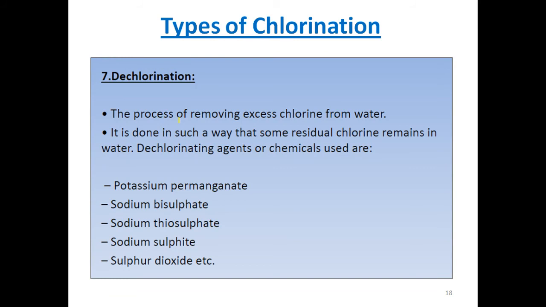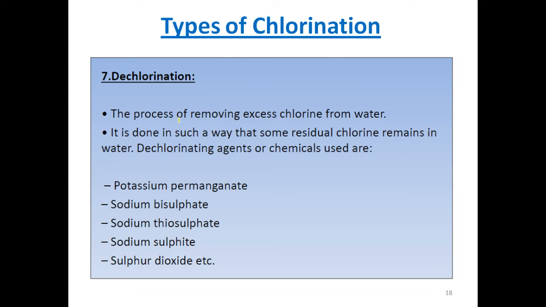Now, the dechlorination process may be carried out to such an extent that sufficient residual chlorine, 0.1 to 0.2 mg per liter, does remain in water after dechlorination. Dechlorination may be carried out by adding certain chemicals to water or simply by aeration of water. The chemicals which are used for dechlorination are called dechlorinating agents.